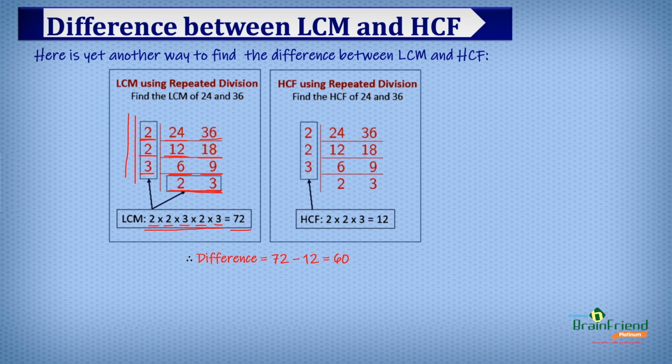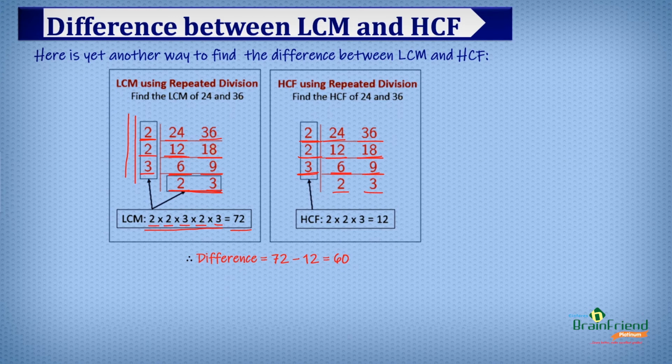Now, using the same method to find the HCF, 2 into 24 gives us 12. 2 into 36 gives us 18. 2 into 12 gives us 6. And 2 into 18 gives us 9. 3 into 6 gives us 2. And 3 into 9 gives us 3.